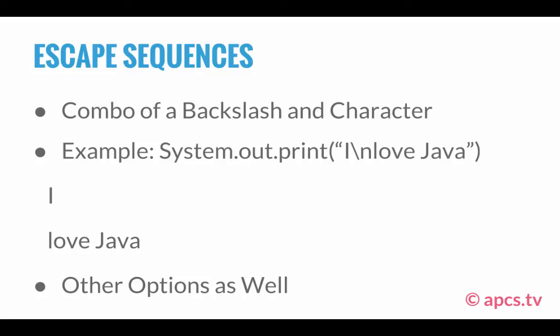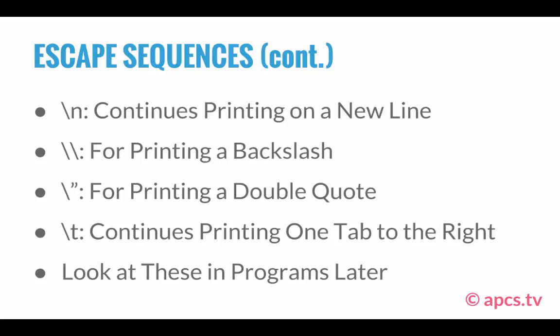So that \n made "love Java" continue printing on a new line. And this is just an example of an escape sequence. There are multiple other options as well. So let's take a look at those options now.